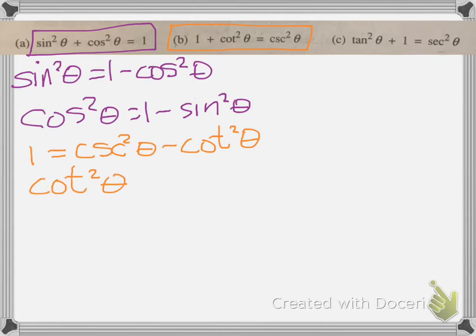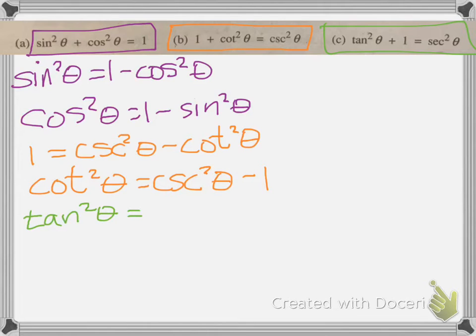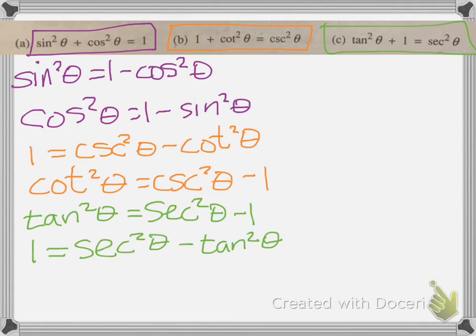Or if we solve for cotangent squared theta, we can say that is equal to cosecant squared theta minus 1. Okay, and then finally part C, if we solve for tangent squared theta, we have secant squared theta minus 1. And if we solve for 1, we have secant squared theta minus tangent squared theta.